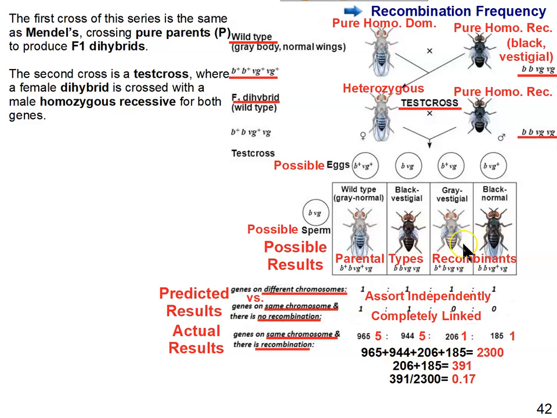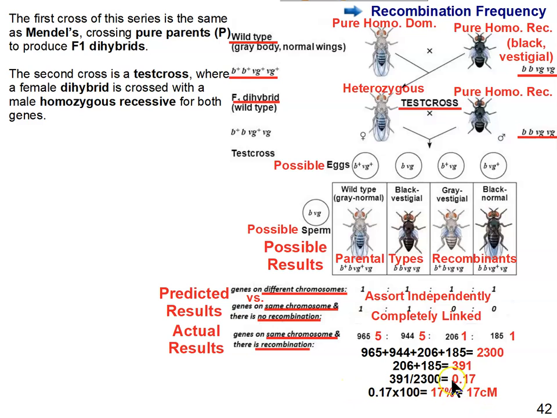So we add up the number of recombinants that we have in the offspring, and that's 391. And then we simply divide 391 by 2,300, and that gives us 0.17. And then we turn that into a percentage by multiplying by 100. So it's 17%, or 17 centimorgans, or 17 map units.